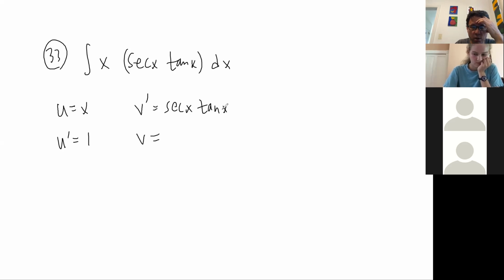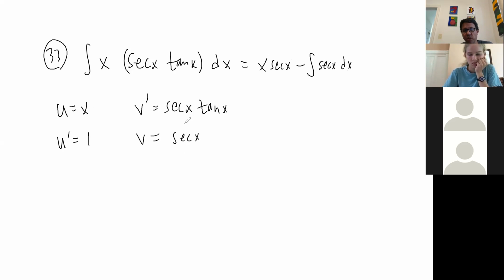V is the integral of this, which is actually secant. So this actually is not too bad. I get X secant minus the integral of these 2, the bottom 2 multiplied together, equals secant. Okay. So that's the first difficult step, is realizing that you need a group here.